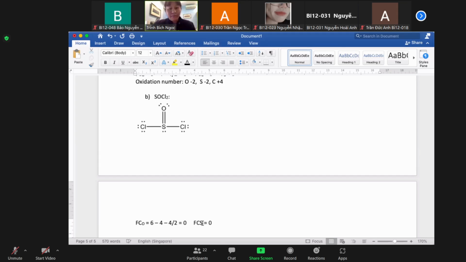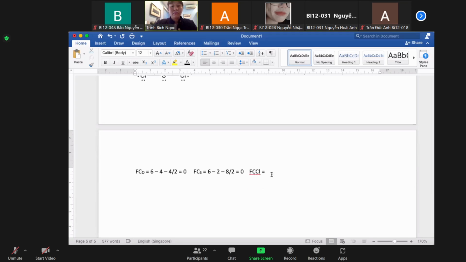Then chlorine is 7 minus 6 minus 2 divided by 2, which is 0. Okay.